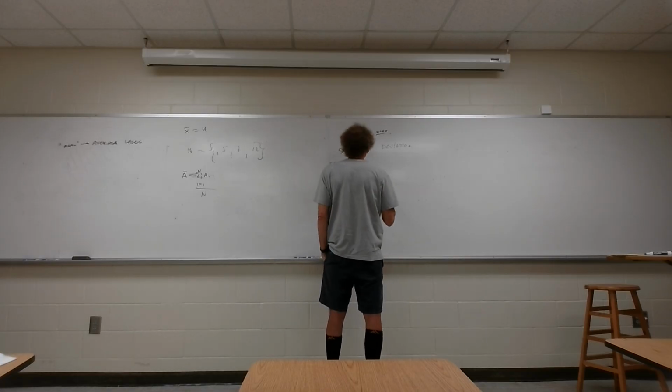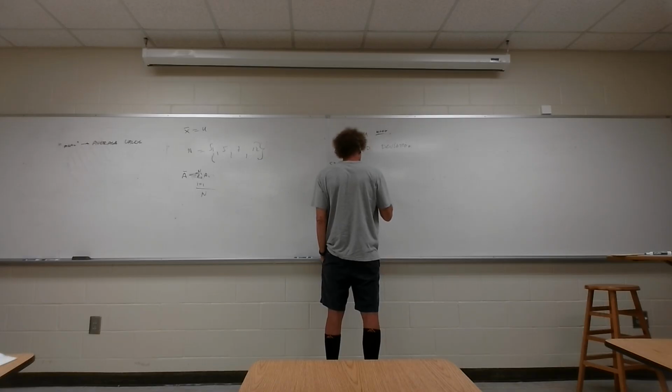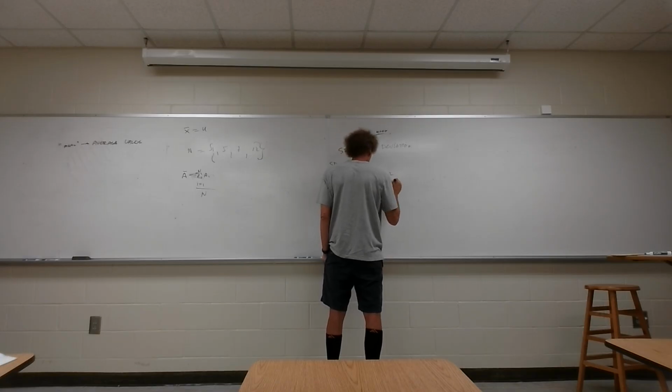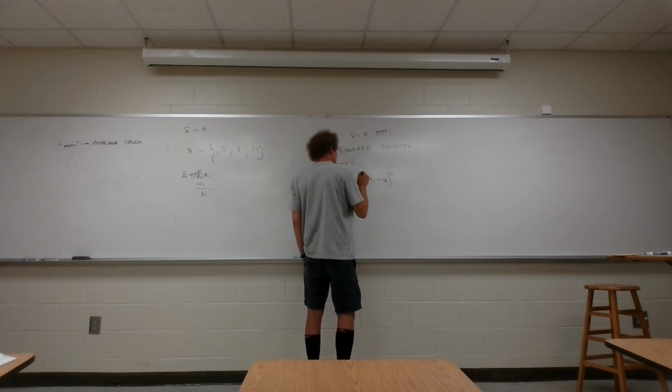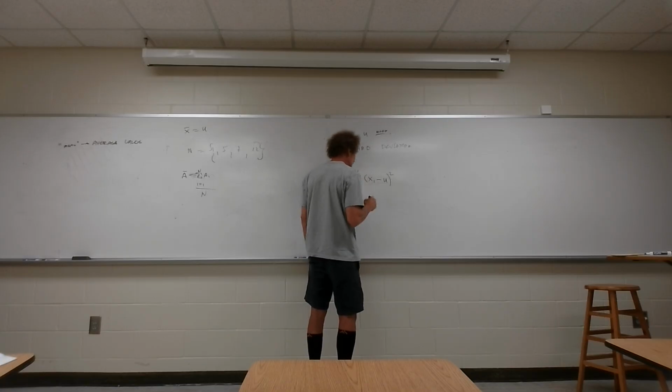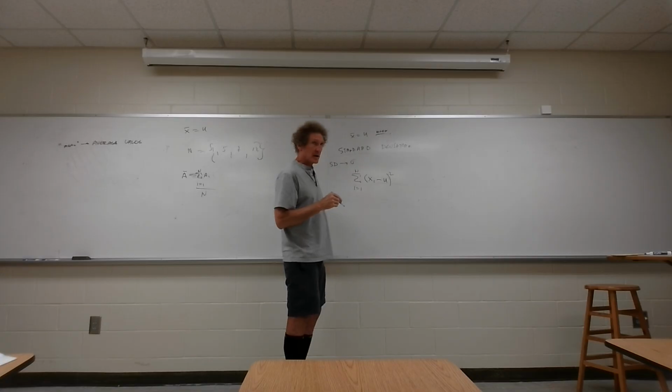This is going to be equal to X of I minus the mean, squared, and you're going to sum that from I equals 1 to n. So you get this whole thing summed.